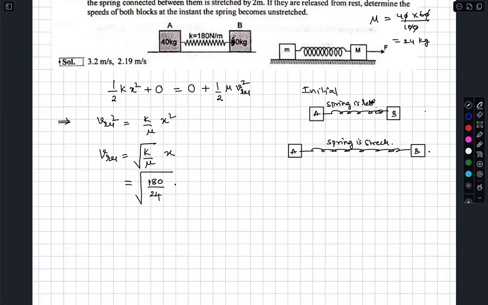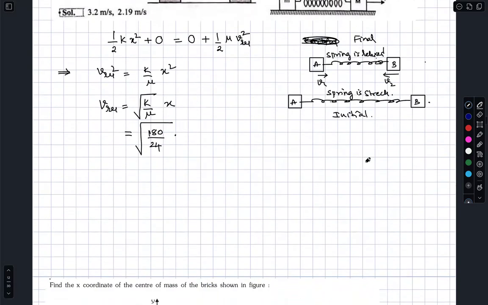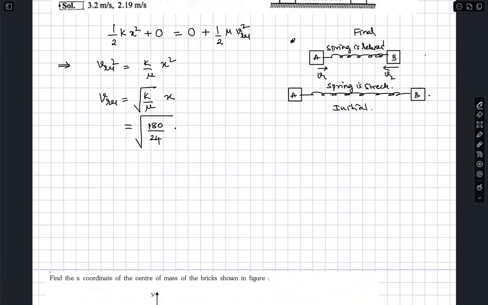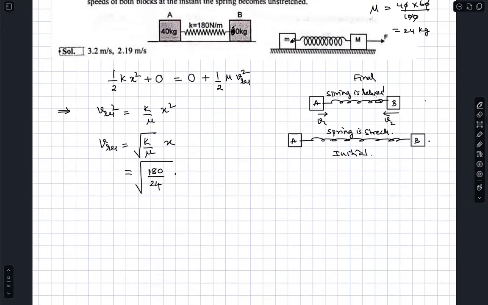Spring is relaxed. In this case, they will have velocities V1 and V2 like this. Story is still the same. And remember, this is final and this is initial. So I haven't done any mistake, just corrected my mistake. In fact, I read it as compressed. No, it's stretched actually. Okay, X is 2 meters.